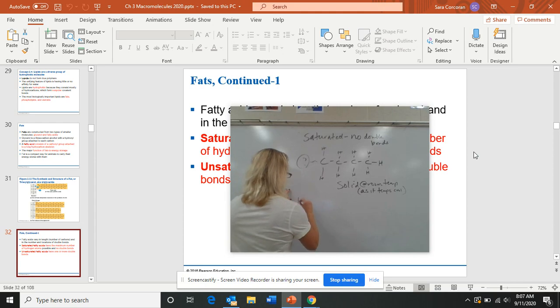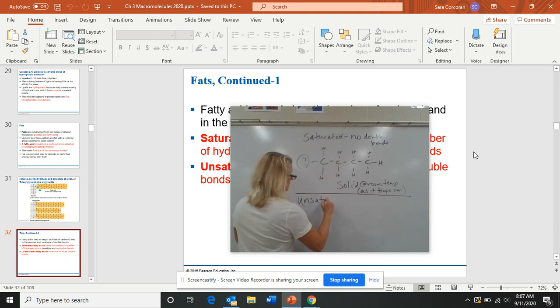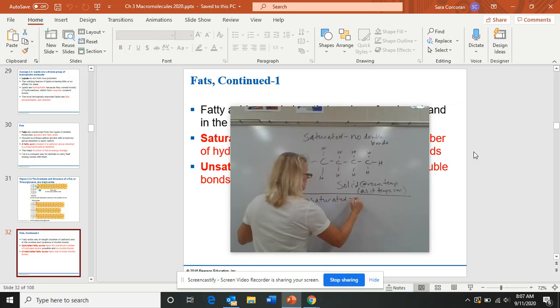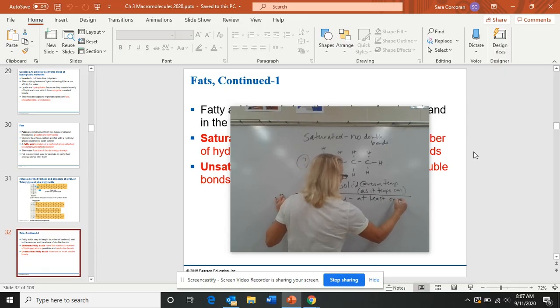So let's talk about unsaturated. Unsaturated have at least one double bond. They can have more.